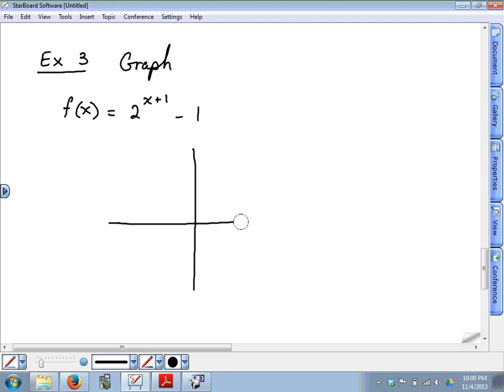So first thing we're going to do is, first thing we did in the other two is locate the horizontal asymptote. This minus 1 means the graph and the asymptote have moved down 1 unit to negative 1.